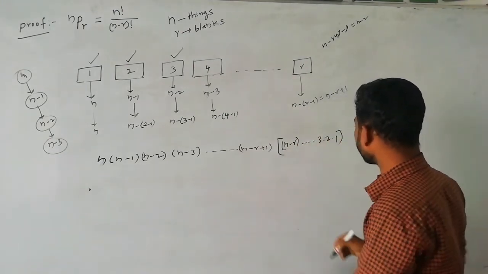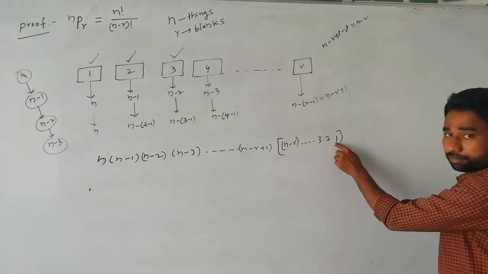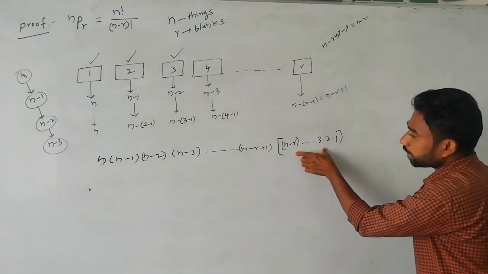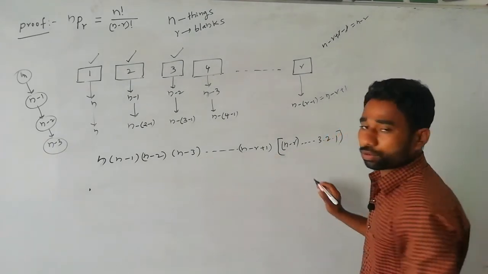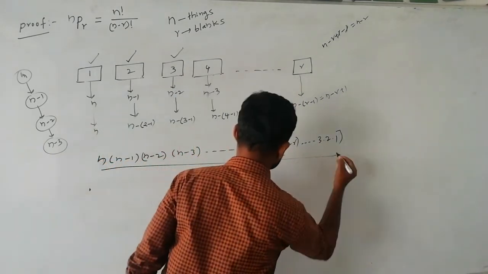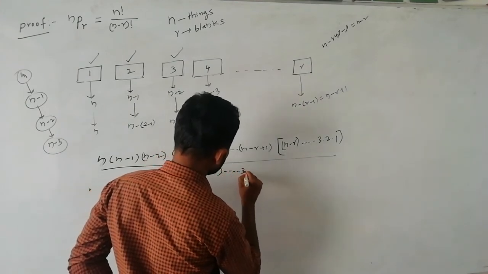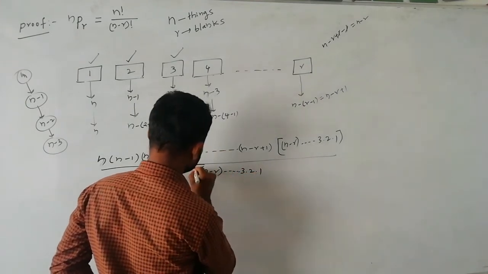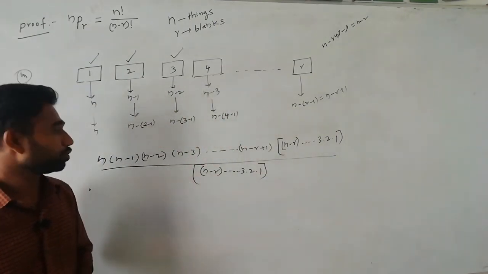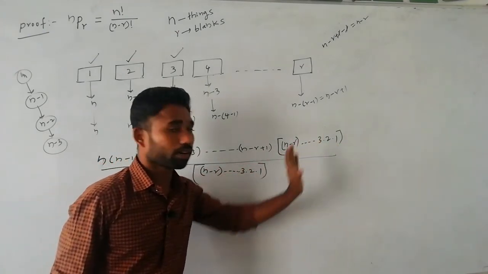And so on, 3 into 2 into 1. I want to multiply this term with the whole product, all upon (n minus r) and so on 3 into 2 into 1. So what I am doing now is multiplying and dividing with (n minus r) and so on 3 into 2 into 1.